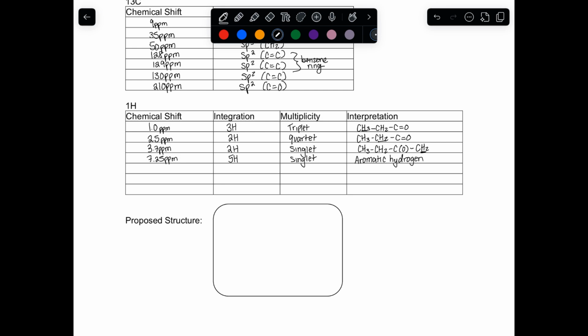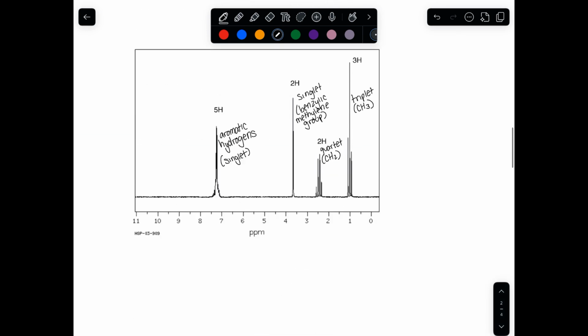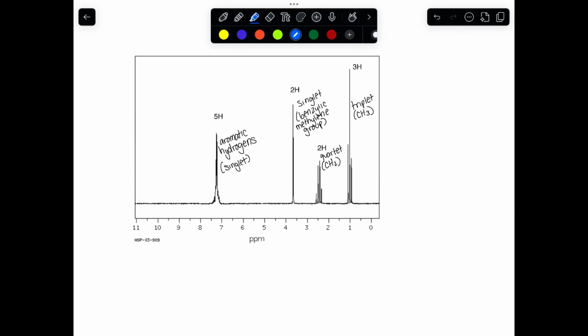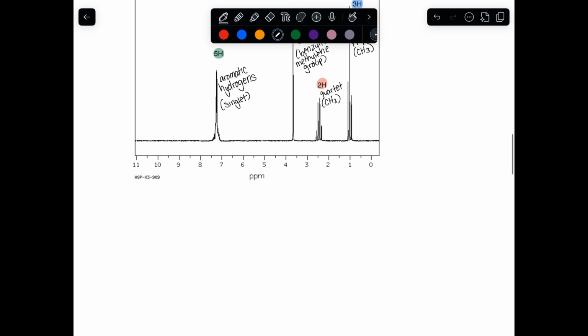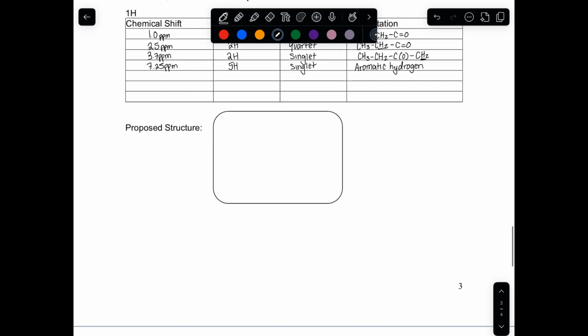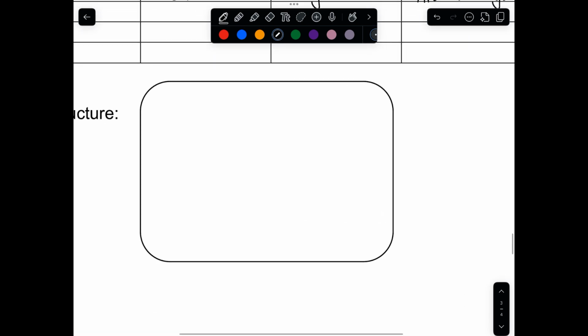So just to make drawing the structure a little bit easier, I want to go back to the 1H NMR spectra and highlight the integration values here, so that I can show you with color coding on the structure which atom each of these peaks corresponds to. This makes it easier for me to analyze the structure. So I predicted the structure to have a benzene ring, so 3 double bonds and a ring is 4 degrees of unsaturation.